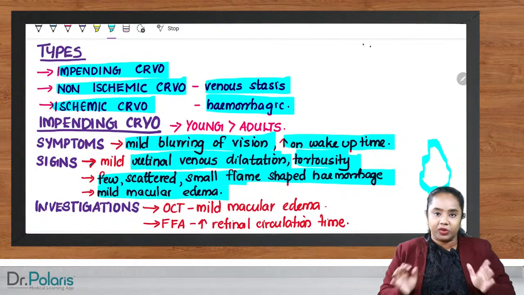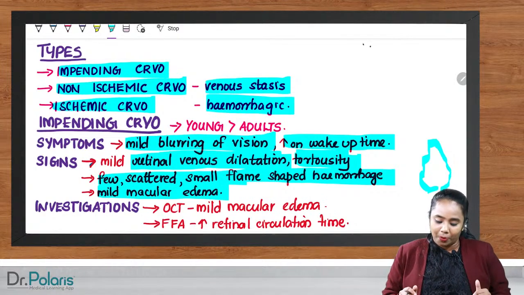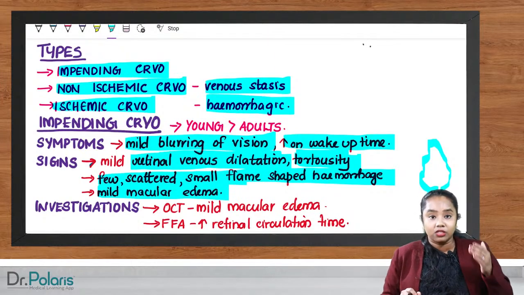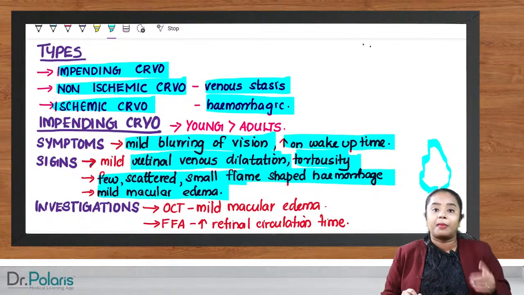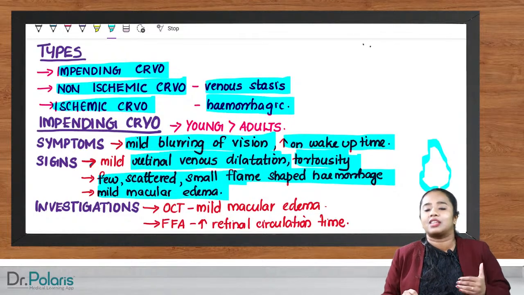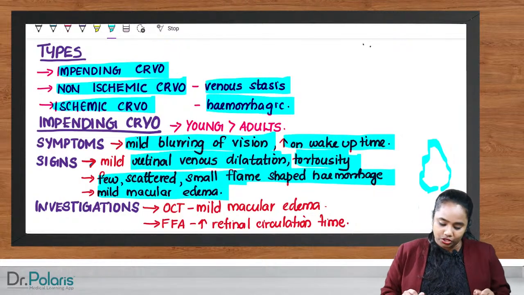So, all these things are present but in a milder form. So, mild retinal venous dilatation with tortuosity, few scattered small flame shaped hemorrhages, mild macular edema. These are the common findings in case of an impending central retinal vein occlusion.